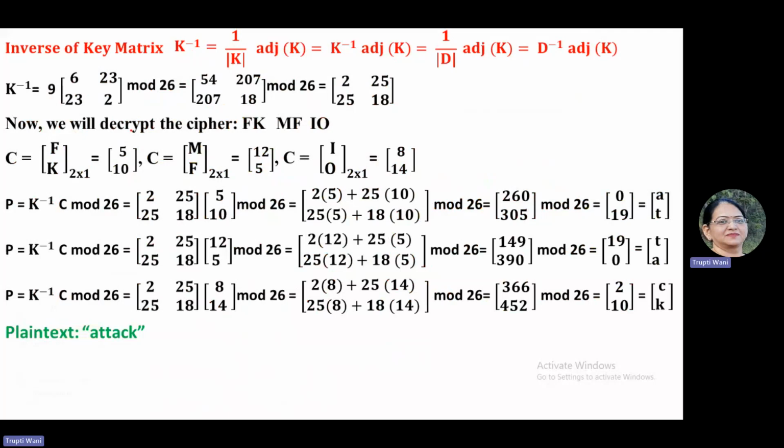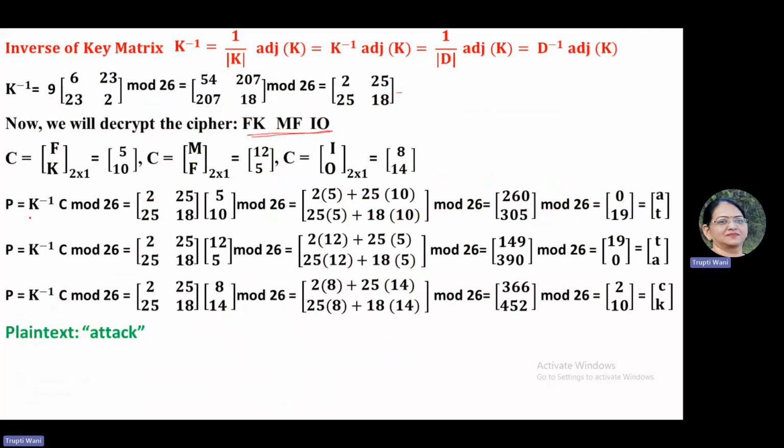Now we will decrypt the cipher. So this is our final K inverse. Now we have the ciphertext FKMFIO, as you remember. Now take the numbers of that. So C is our FK, that is 5, 10, converting this into numbers.